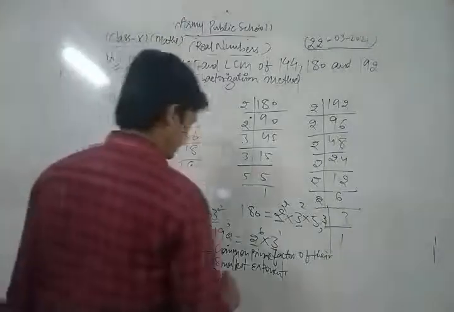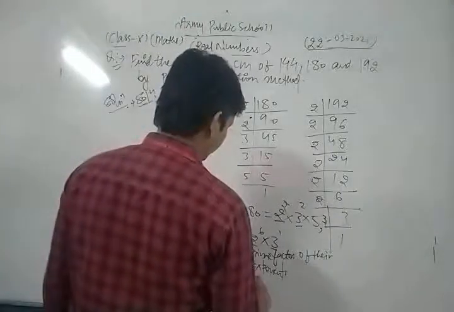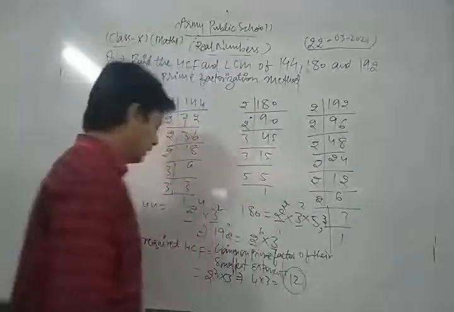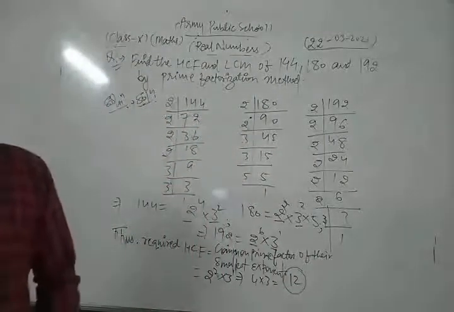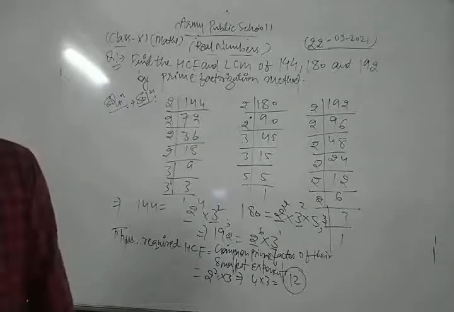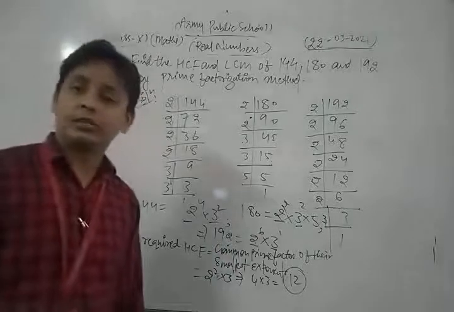So here 3 power 1. So we get 2 squared into 3, that is 4 times 3 is 12. So the required HCF of these numbers is 12.